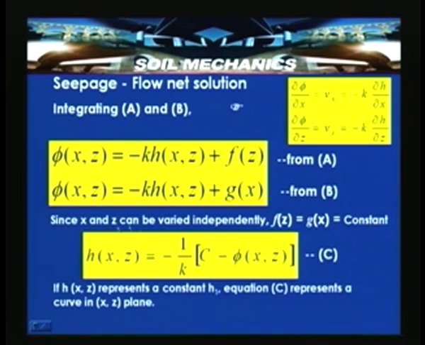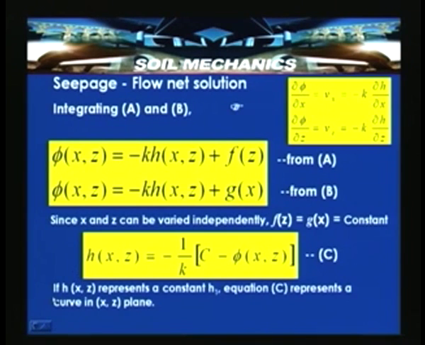Since x and z can be varied independently, the function of z is equal to g(x) is equal to a constant. Now by simplifying, we can write equation C, which is h(x,z) is equal to minus 1 by k into C minus φ(x,z).